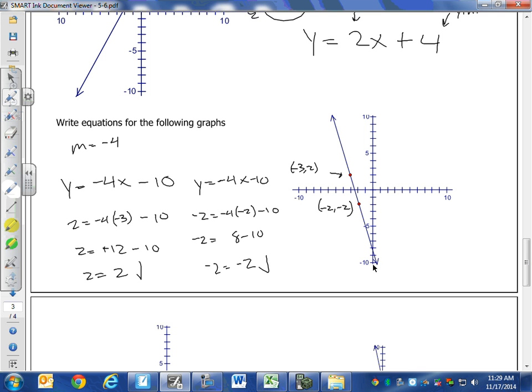Though it doesn't look like it, it is. Well, if these 2 points work, then this has to be at -10. Graph's a little deceiving there. I just wanted you to know that you'd have to make sure that your equation works with the points provided. Okay? Well done, Mr. Bladen.